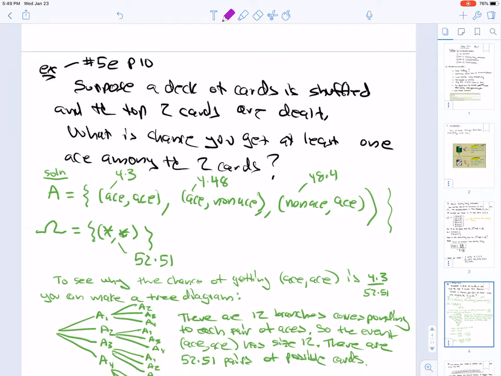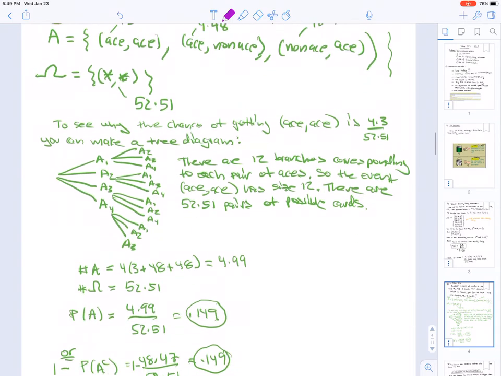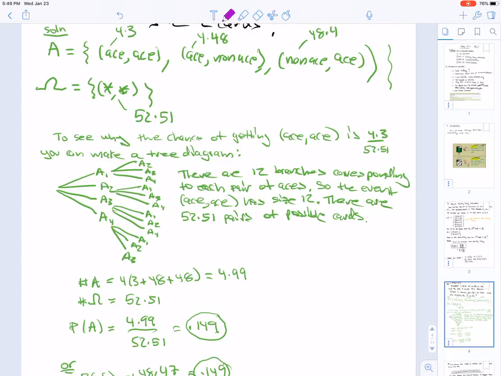We're drawing these cards without replacement, so we have 52 times 51 possible pairs, and the occurrences of at least one ace. We could have 2 aces, 1 ace and a non-ace, or a non-ace and an ace, and we can count the number of ways those occur, which, for example, for ace-ace, you can visualize using a tree diagram that there are 12 possibilities.